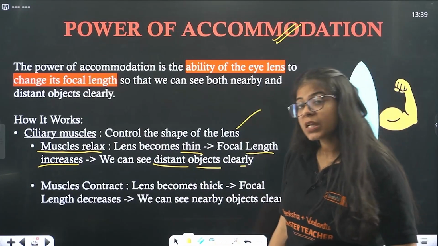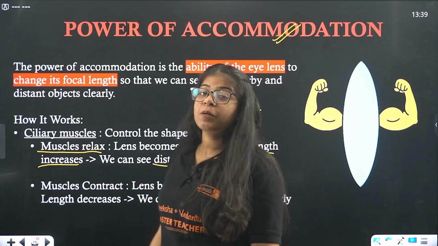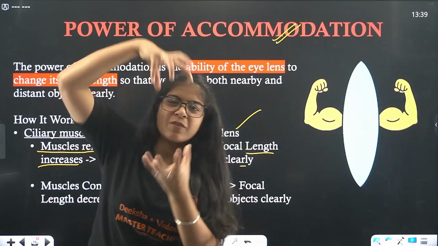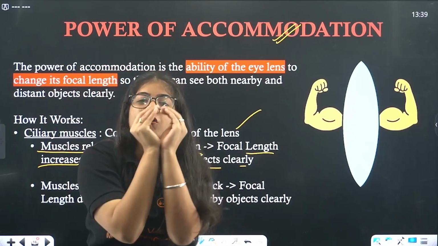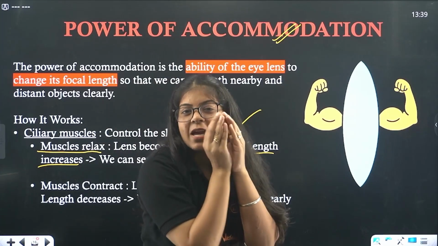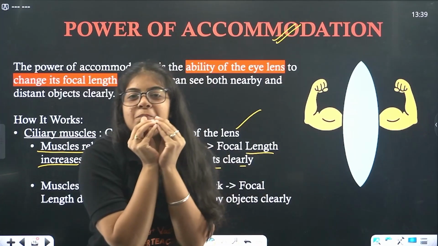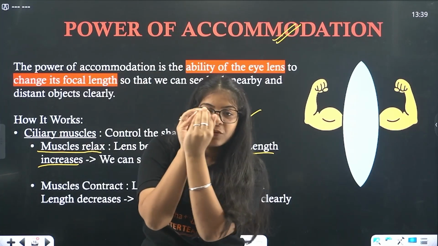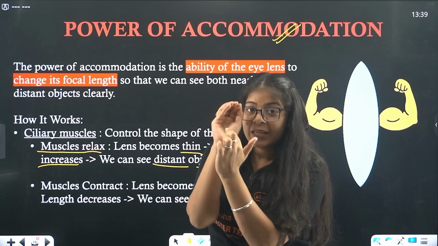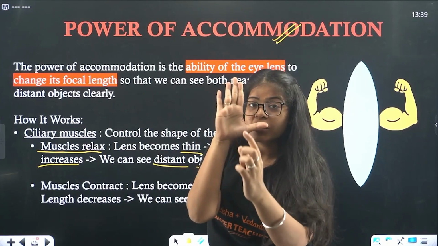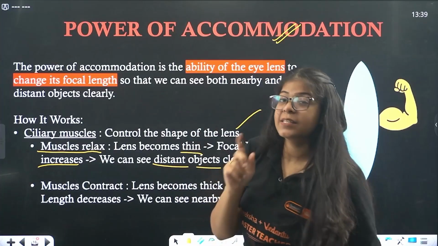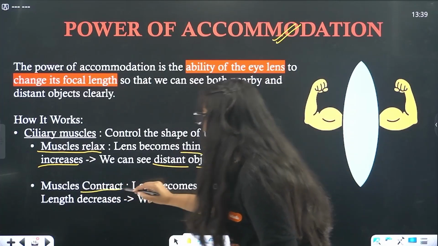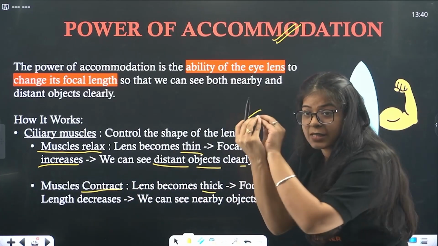Similarly, when the muscles contract, they are like, I won't let you even go from there. So the lens gets scared and contracts like a little baby. Can you see the focal length is less here, and more there? So focal length decreases. When the muscles contract, the lens becomes thick.